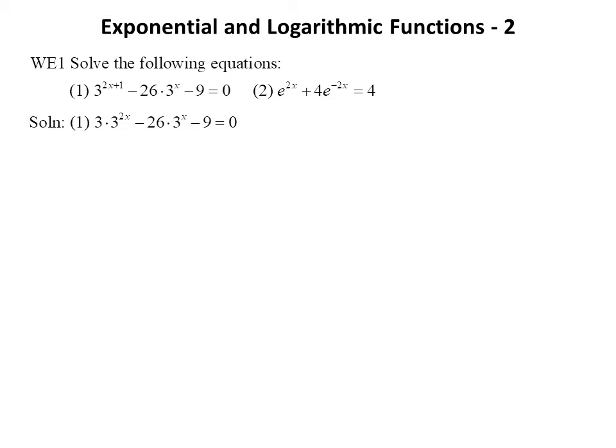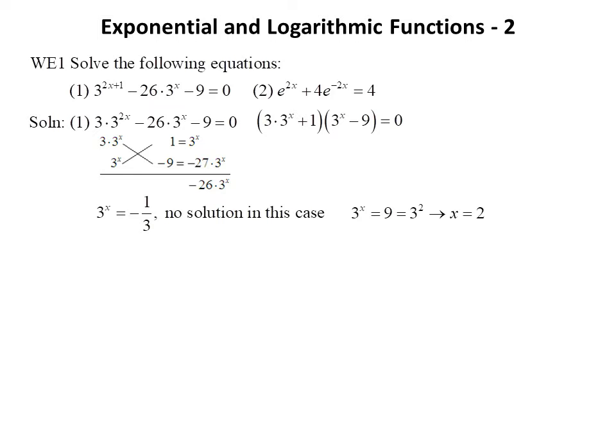As can be seen, the equation of 3 times 3 raised to the 2x minus 26 times 3 raised to the x minus 9 equals 0 can be factorized using the cross product method. After factorizing, it is found that 3 to the x equals negative 1/3 or 9.